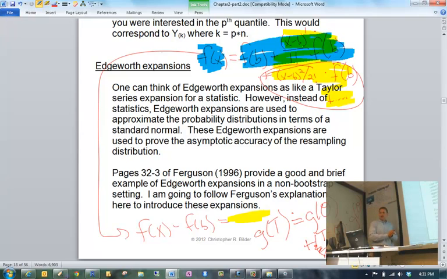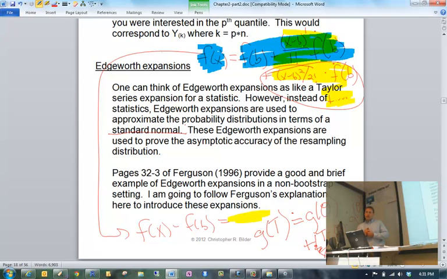Well, Edgeworth expansions work like Taylor series expansions, except that now what you're doing is approximating probability distributions. And this approximation is written in terms of a standard normal.